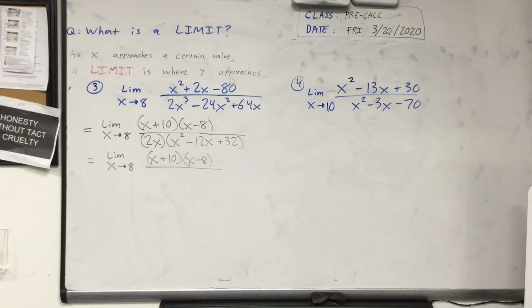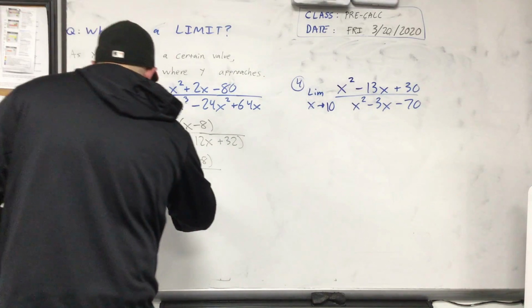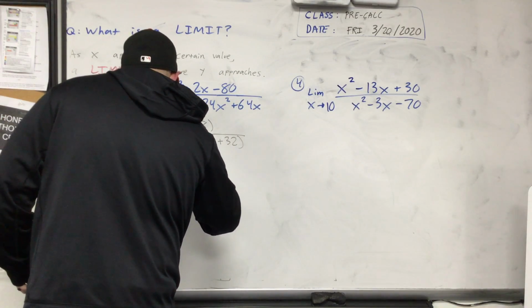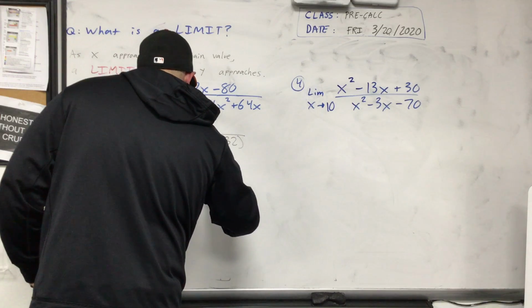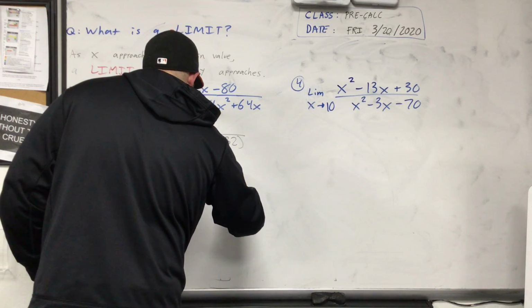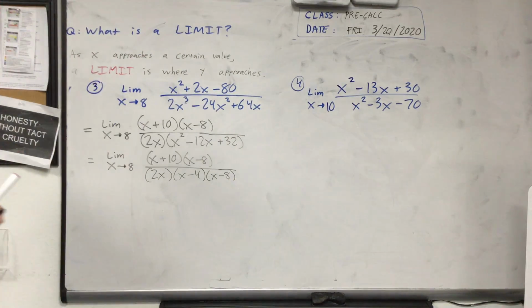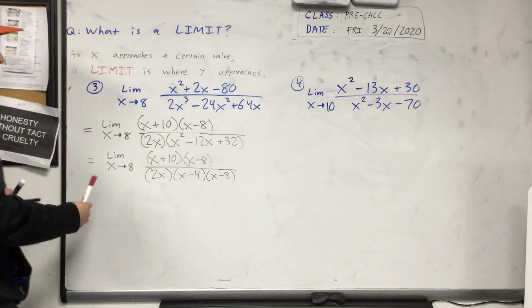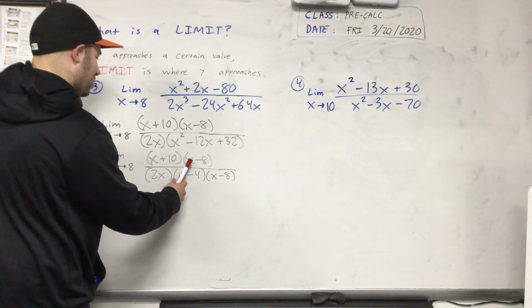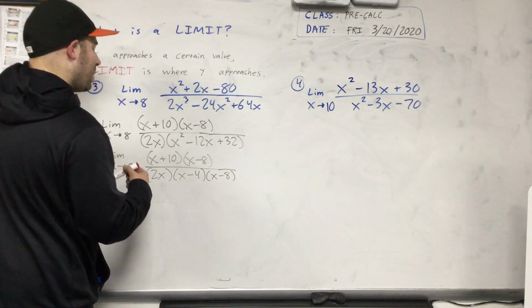It has to be a negative-negative combination, specifically negative 4 and negative 8. So the bottom completely factors out to 2x times x minus 4 times x minus 8. Is there a problem with x equals 8? Oh yeah. x equals 8 results in x minus 8 over x minus 8 becoming 0 over 0.